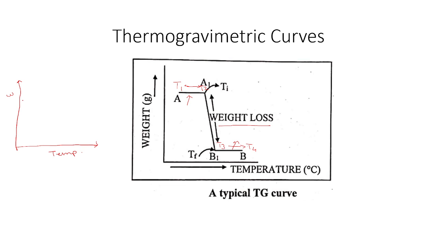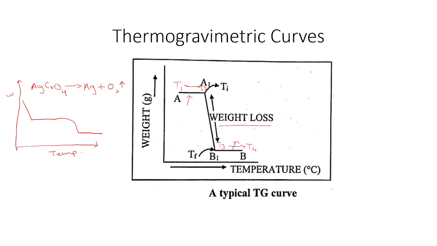Let us suppose it starts somewhere here, then here, then again one more step, and here. This is the graph for silver chromate, AgCrO4, which undergoes decomposition to give silver, and oxygen gas is released.